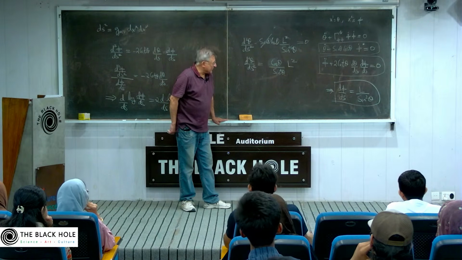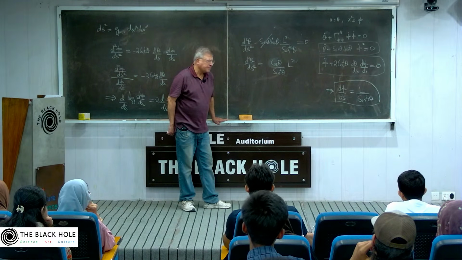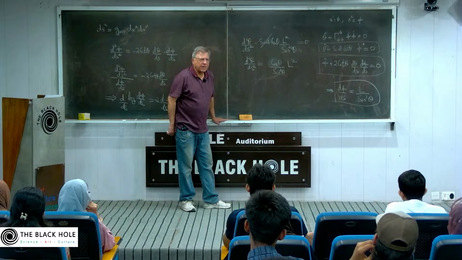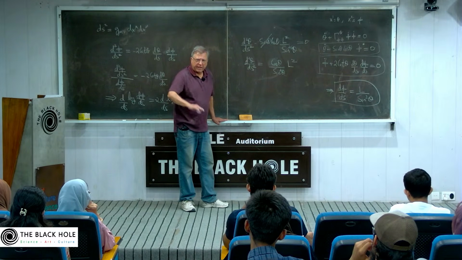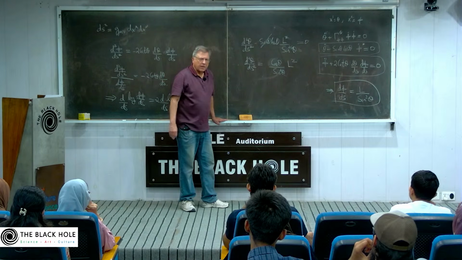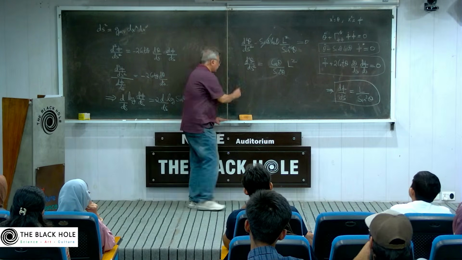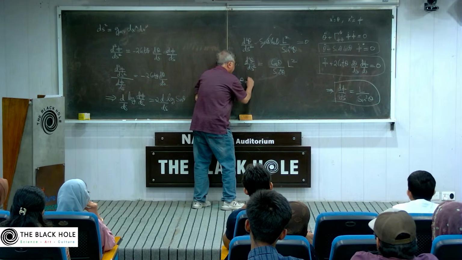I am going to say that look, this holds for every value of theta. And I can choose my coordinates in any way I want. So I will go from point A to point B, where I'll choose theta equal to pi by 2.